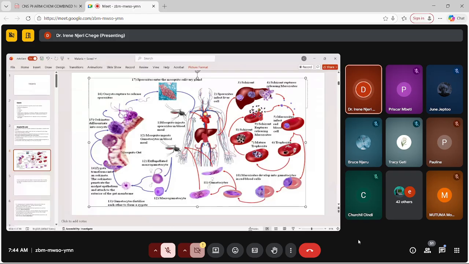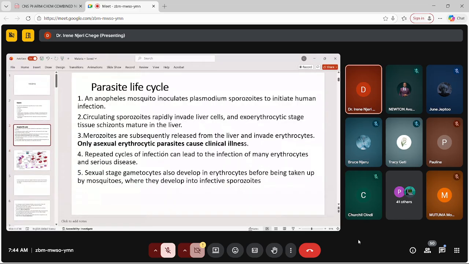It is just that these terms, you will use these terms later on: schizonts, gametocytes, merocytes. It is good to know what we're talking about. So like we have mentioned, P. falciparum is important to us. And note that only the asexual erythrocytic parasites cause clinical disease.